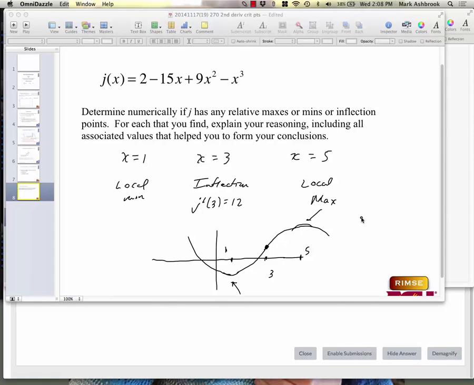I don't know where it is up and down. It could all be positive, it could all be negative. We could find that out by plugging in some x values into J to get a height for it. But the general shape is like this. Local min, then inflection with an increasing accumulation or a positive rate, and then a local max at 5.